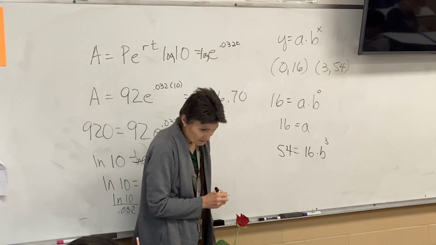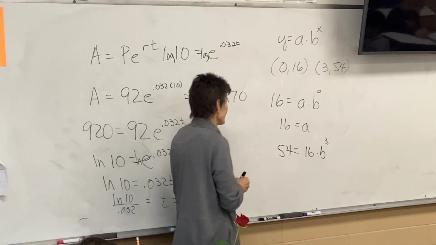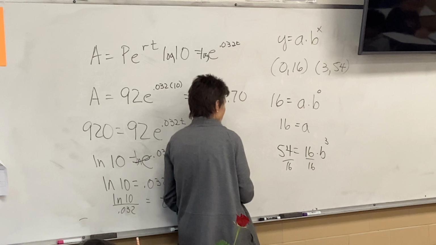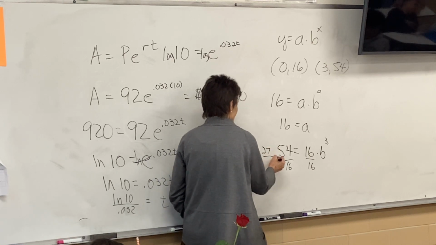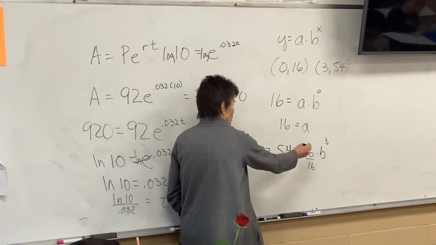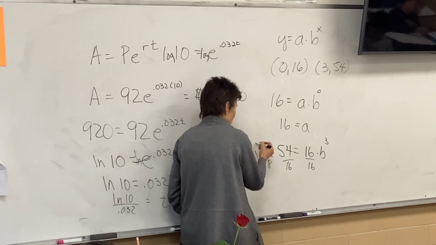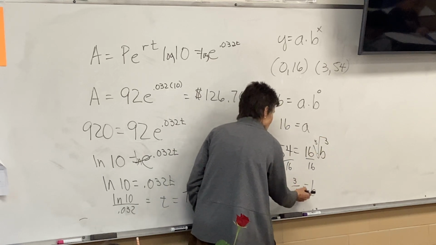So what's 54 divided by 16? That's what I have to do first. That reduces somehow, doesn't it? It's 27/8. So B cubed equals 27/8. So B is 3/2.